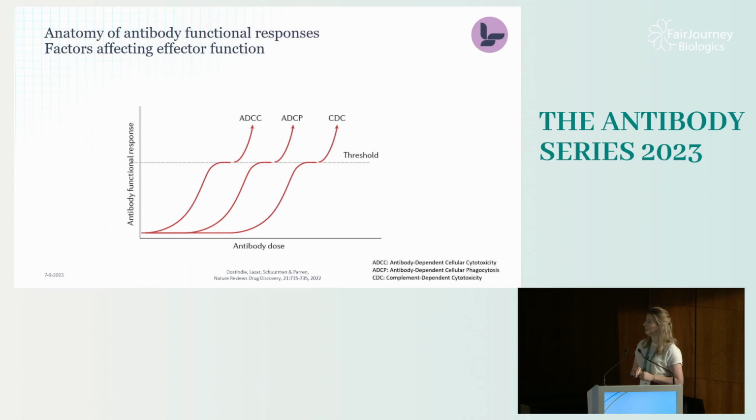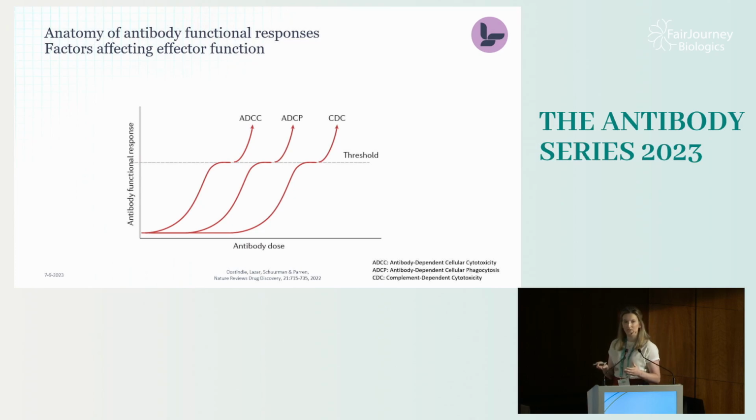So then going back a bit to these densities, to illustrate, antibody-dependent cellular cytotoxicity or phagocytosis or complement, they're all key mechanisms in a natural antibody functional response to eliminate pathogens or eliminate cancer cells.